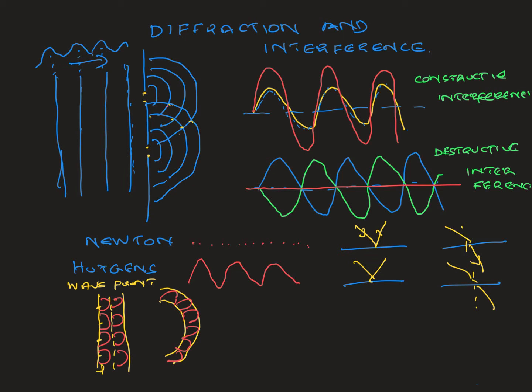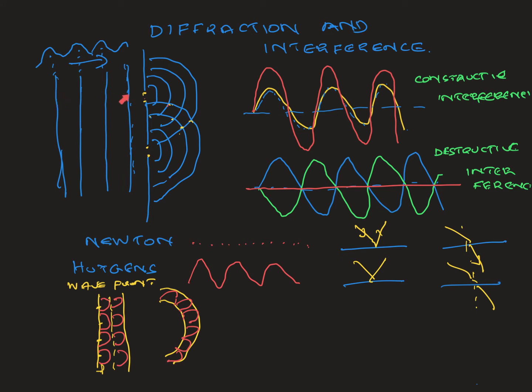So he was able to explain diffraction because if you look at this point here, at the place where we have the two slits, where the water waves are diffracting, he argued that the same happens for light.